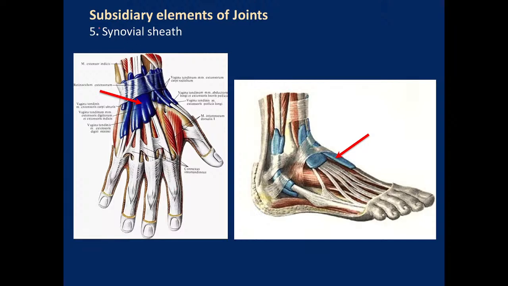And the last subsidiary element is called synovial sheath. These are the blue structures. They are not actually blue.